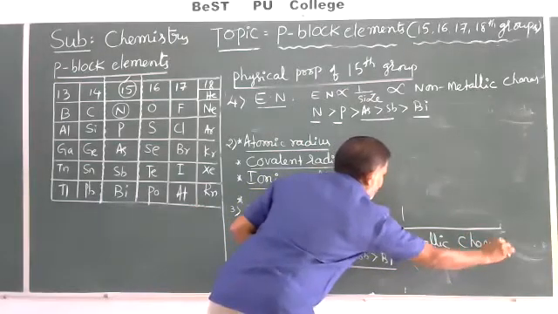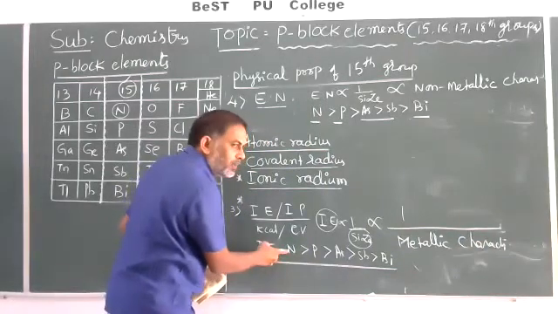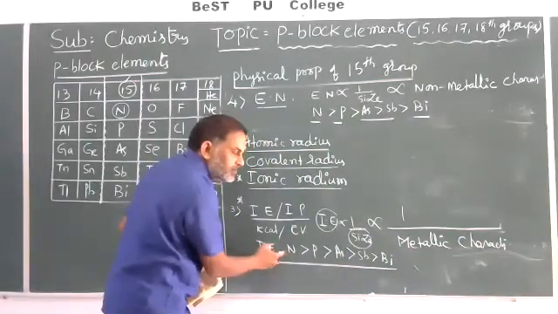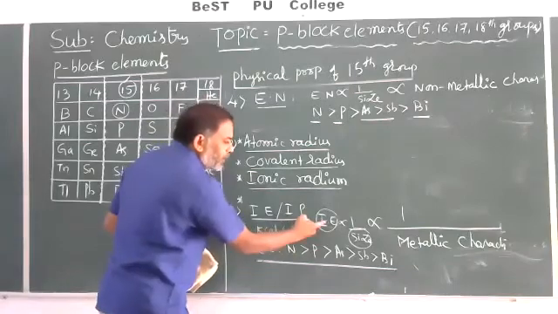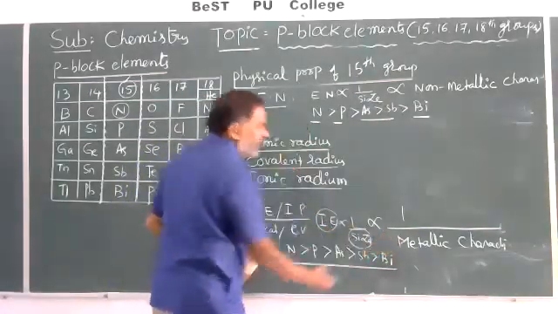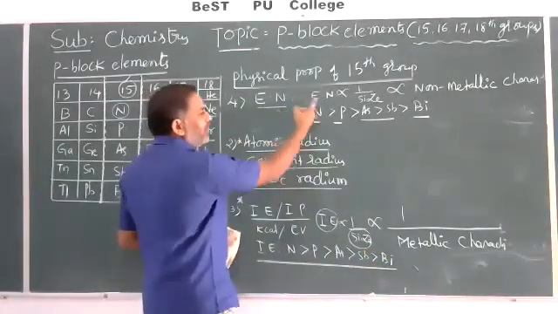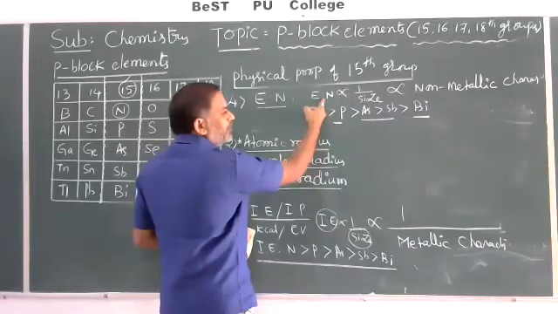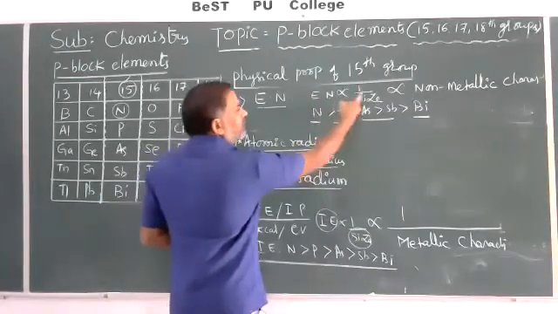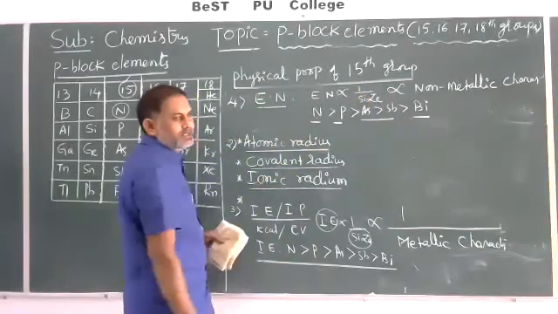Ionization energy is more for nitrogen, but it is not a metal; metallic character is less. So ionization energy is inversely proportional to size and inversely proportional to the metallic character. Whereas electronegativity is directly proportional to non-metallic character and inversely proportional to the size.